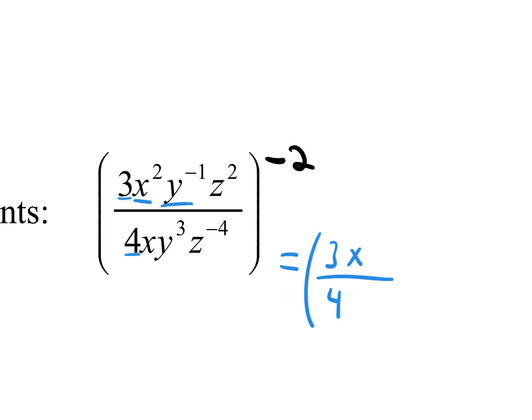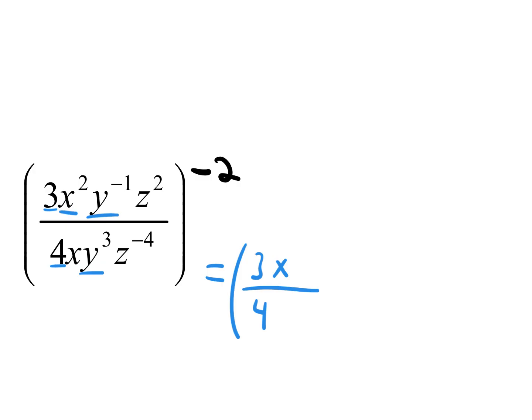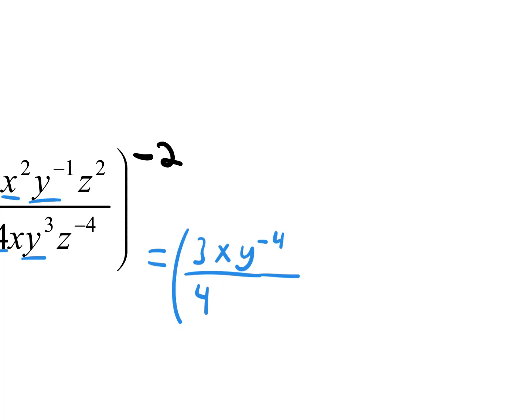What about a y to the -1 and a y to the 3? Okay, good, so we get... there's a couple ways that you could do it. You could either move the -1 to the bottom, or you can subtract the exponents and leave it as y to the -4. Let's just say we did that, right? That's perfectly fine.